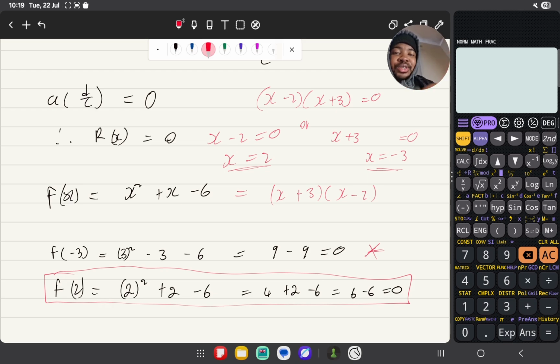Okay. So what I want to say is that this is the factor. This in itself is a factor of this f of x, and x plus 3 also is a factor, right? So look, it's not 3 that is a factor, it's not minus 2 that is a factor, so the factor is a whole thing. x minus 2 is a factor, x plus 3 is a factor, right?